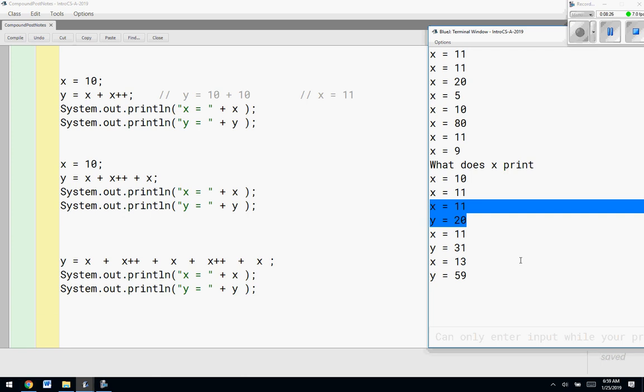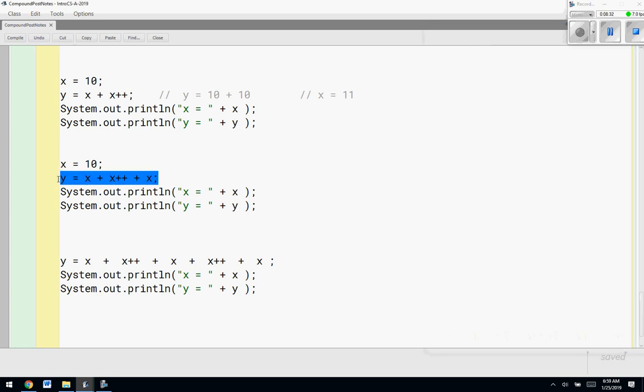Okay, now let's look at this next line of code. y equals x plus x plus plus plus x. So I'm going to set y equal to the current value of x plus the current value of x, pause, increase x by 1, x is now 11, and then I now got to add that last x.